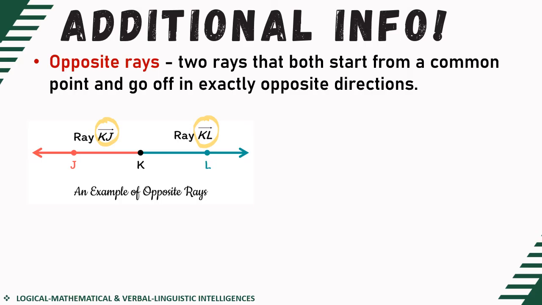I would like to emphasize that in naming a ray, you should always start at the endpoint. So here, our endpoint for the two opposite rays is K. So ray KJ and ray KL.